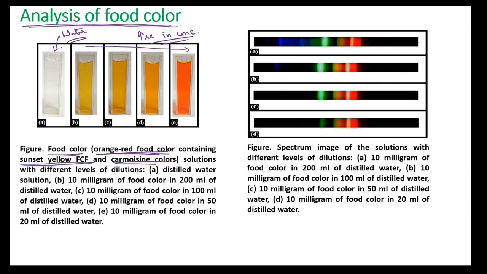Okay, so you can also see over here, left to right, the color is getting more and more darker. So using the reference, which is the water over here, these images were taken. Okay.